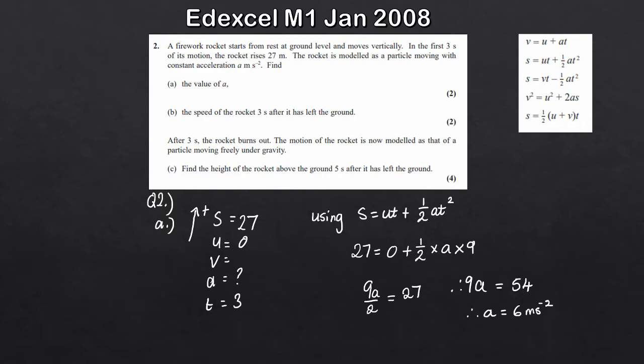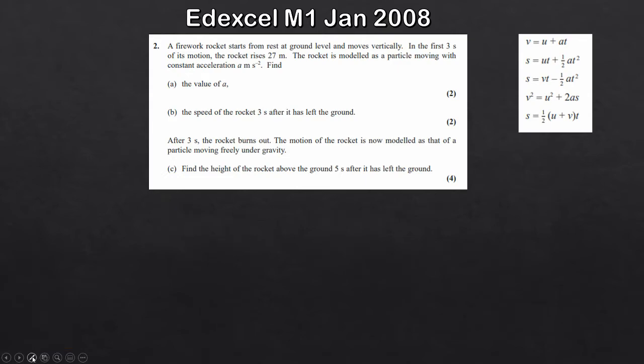Part B then, we want to find the speed of the rocket 3 seconds after it's left the ground. So again, I'm just going to clear all this just so we've got enough room. Let's jot down our SUVAT again. It gets a little bit tedious, but I always would recommend doing fresh SUVAT values just so you can see clearly what you're working with.